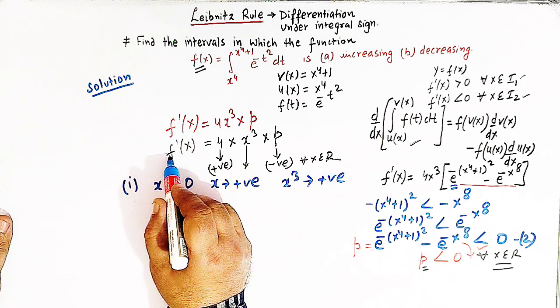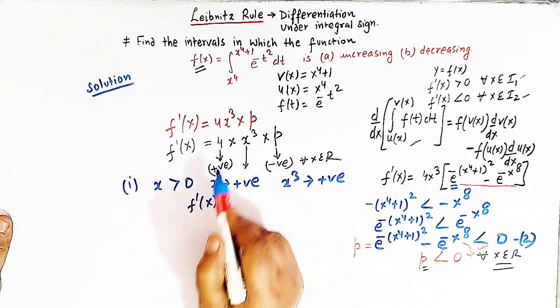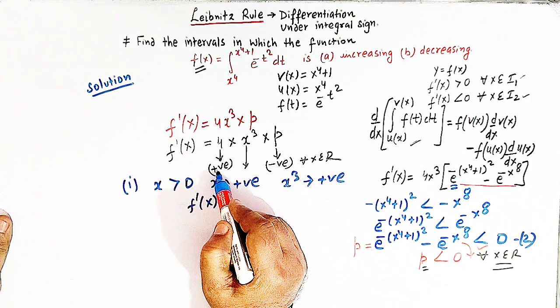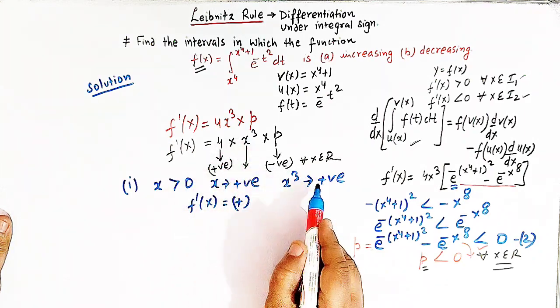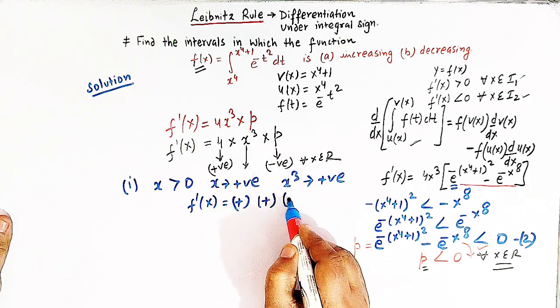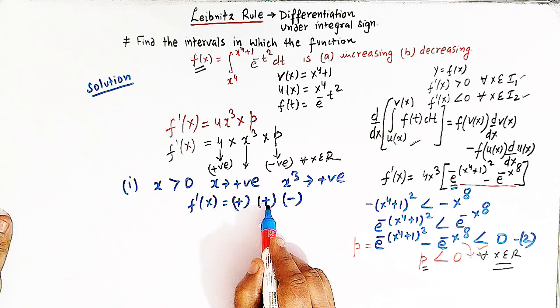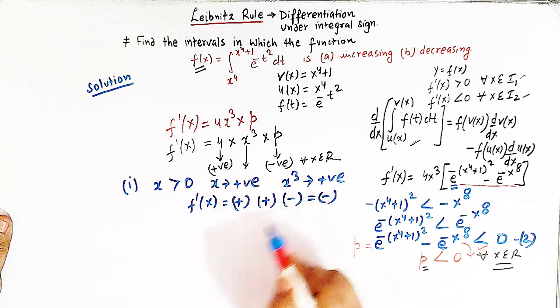So in that case, the sign of f prime of x is negative, because here 4 is positive, x cube is positive, and p is negative, right? So when we multiply these three signs together, we'll get negative, right?